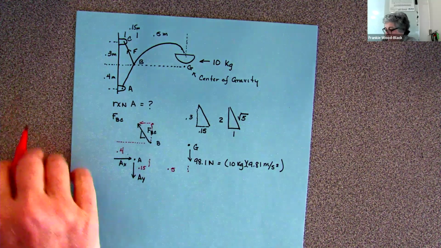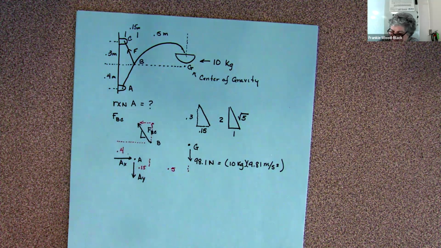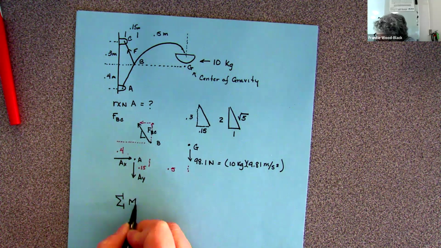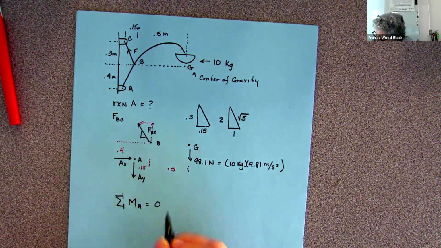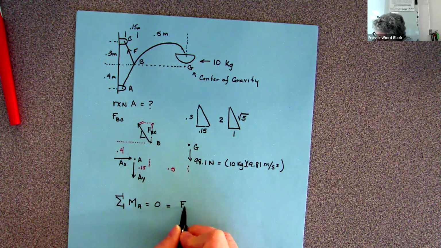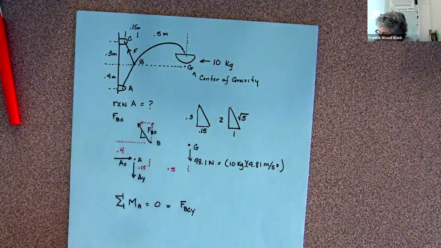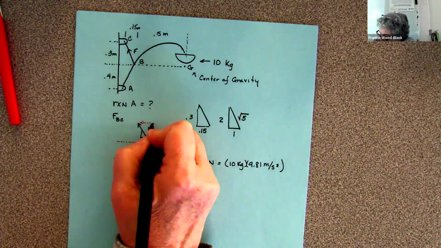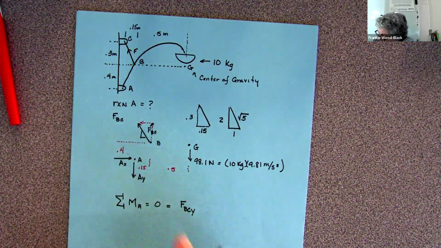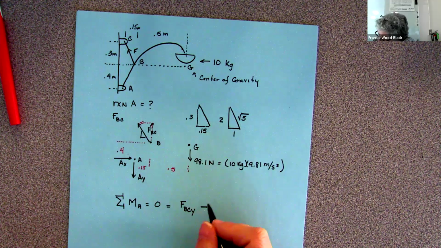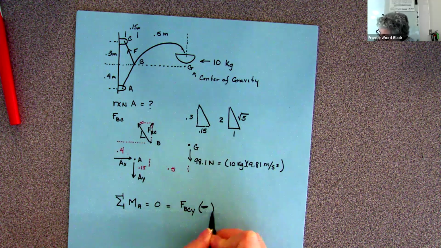So if I do my moment about A, I'm going to get my FBC in the Y direction. That's this one. It's going to be positive, minus, and I'm going to put my distance on it.